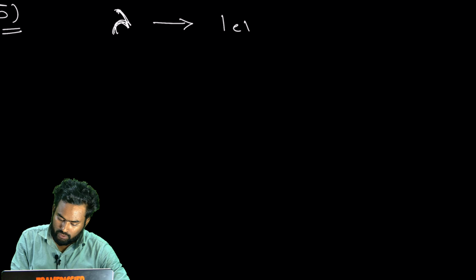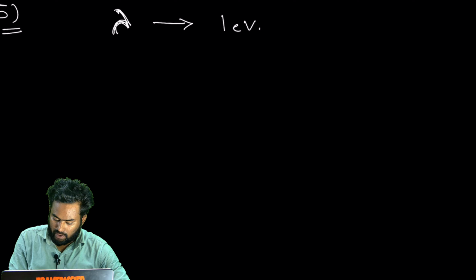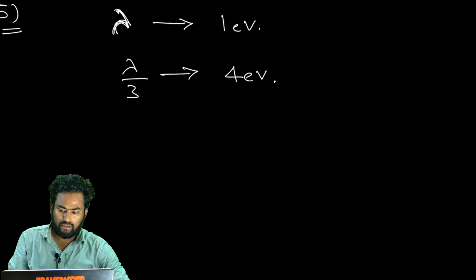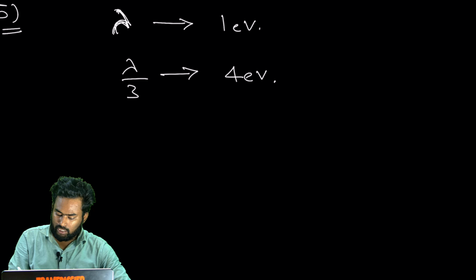Okay, moving forward to the next question, question number 5. They are saying the maximum kinetic energy of photoelectron when light of wavelength lambda is used is 1 electron volt. When we are using the wavelength lambda by 3, the maximum energy becomes 4 electron volt.